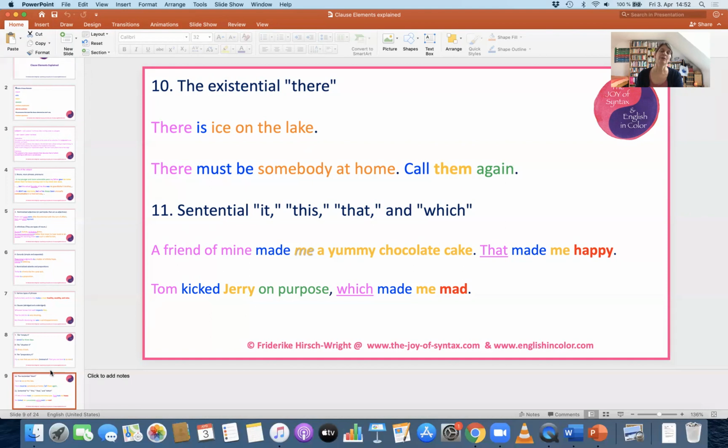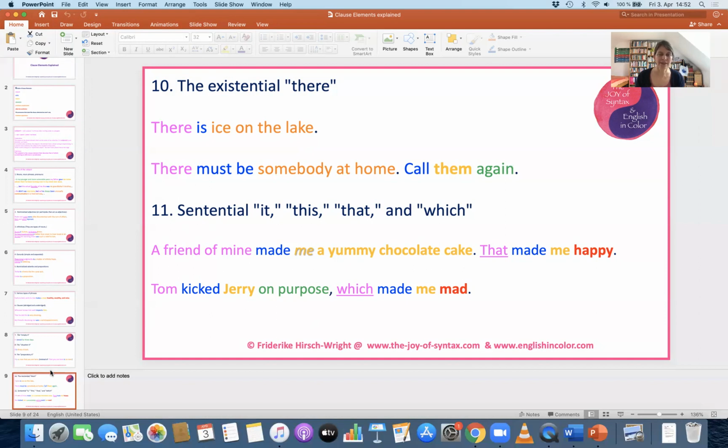And instead of using this complex clause as a subject, I simply use the deictic pronoun that, pointing towards the preceding sentence and saying that that whole information, that whole event made me happy. So that does not refer to a preceding or following noun. It refers to the content of the preceding clause.